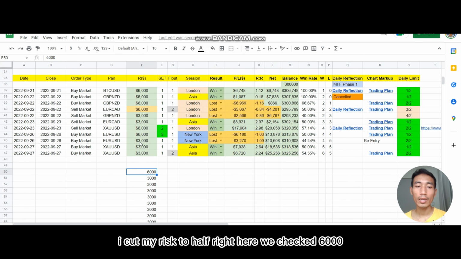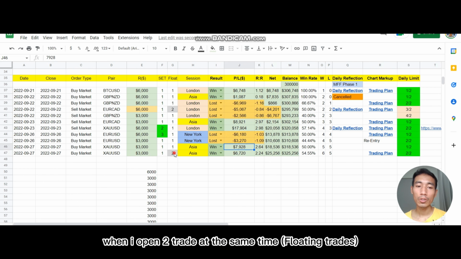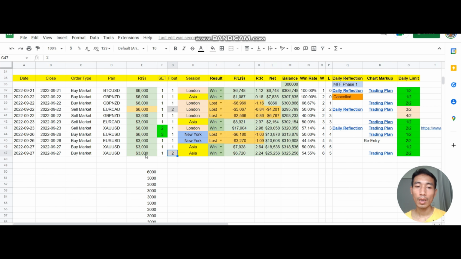If I lose again, I cut my risk to half right here. Risk 6,000, I lost, I go back to 3,000 risk, I lost, stay the same, and right here, when I open two trades at the same time, I'm using the same risk.